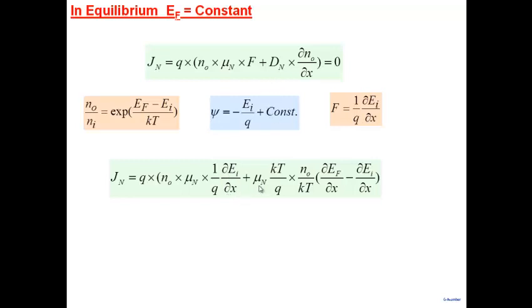I've used Einstein's relationship, mu n into kT by q. And when I take the derivative of n0 with respect to x, n0 is here, I get del EF by del x minus del EI by del x. Simple, cancel out the terms here, and you can write Jn equal to n0 mu n del EF by del x.